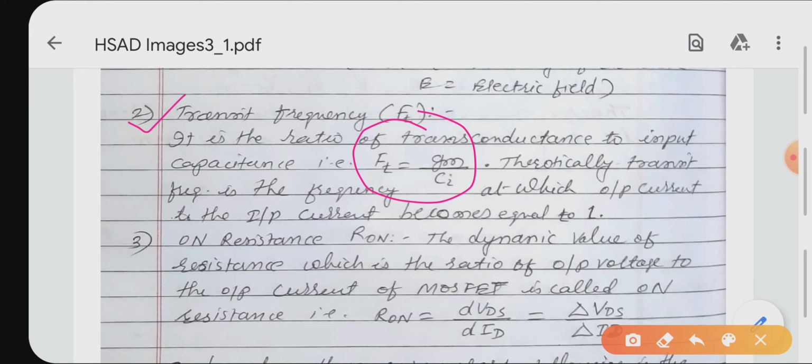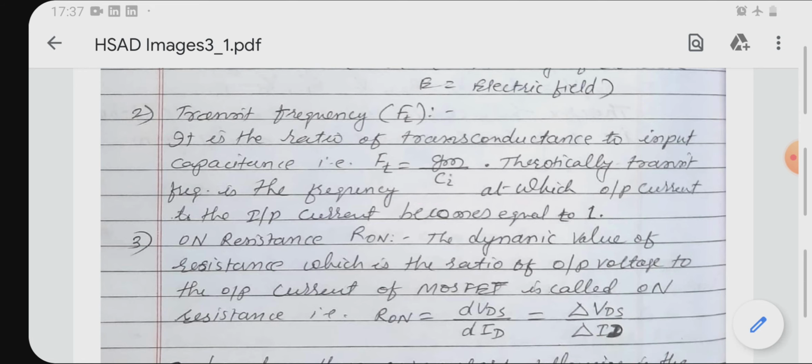Here we are discussing transconductance, which is the ratio of delta IO to delta V in, that means change in output current to the change in input voltage. This transconductance tells us how strong the transistor is at converting a small amount of voltage into the desired current. Okay, so that is transconductance, and transit frequency is the ratio of transconductance to the input capacitance, as can be seen by using this formula.